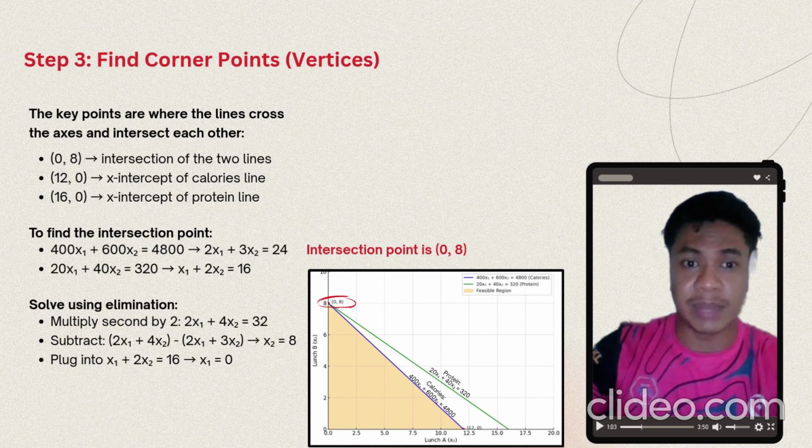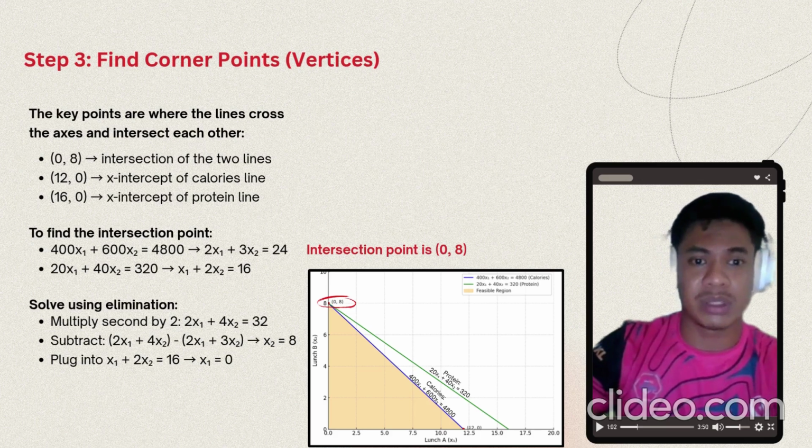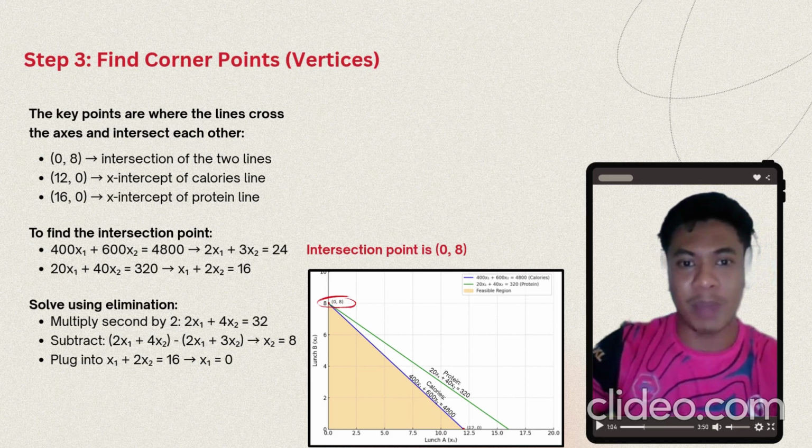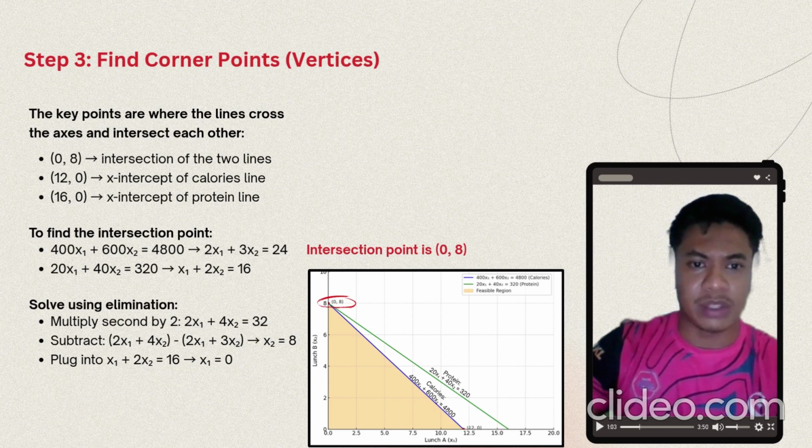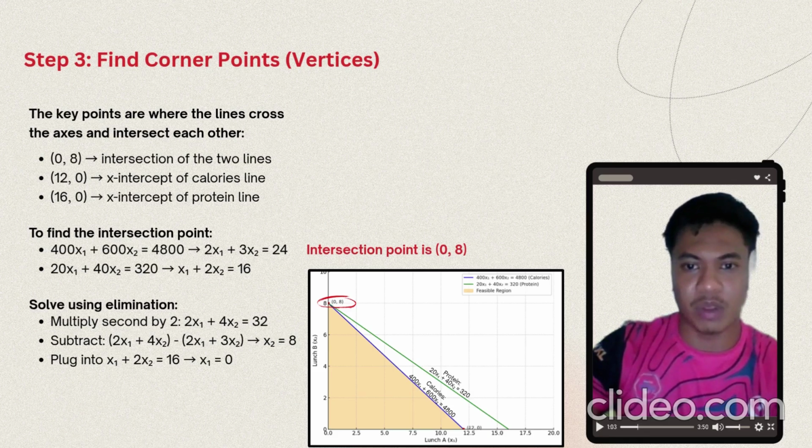Using the elimination method, the second equation is multiplied by 2 and subtracted from the first, resulting in x2 equals 8. Substituting this value back into the second equation yields x1 equals 0. Therefore, the intersection is at (0, 8), and the additional corner points are the intercepts (12, 0) and (16, 0).